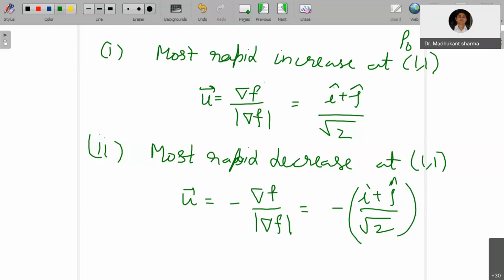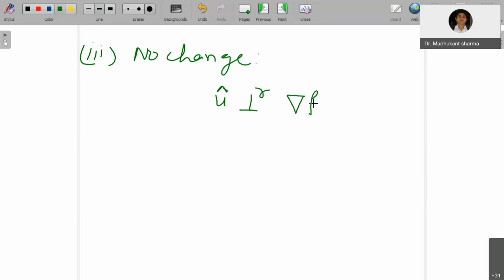Now what you will notice, third, no change. For no change, you need to identify a unit vector that is orthogonal to grad f, obviously at point p naught. What is the definition of grad f?